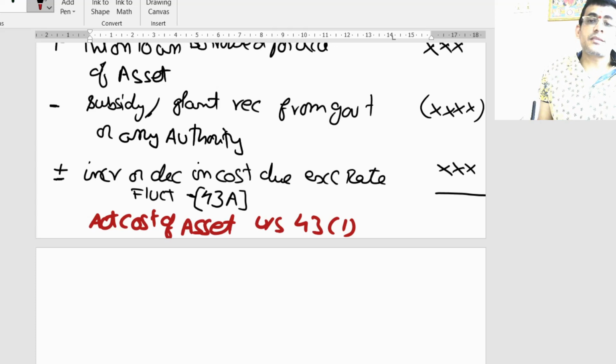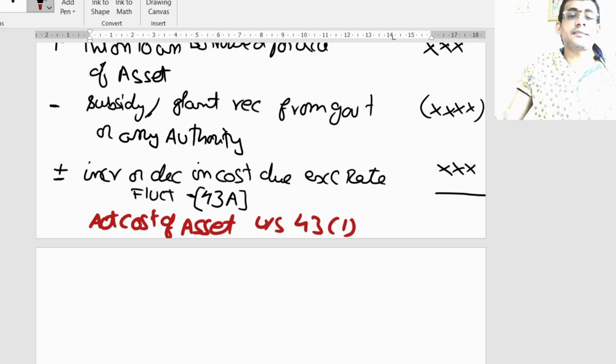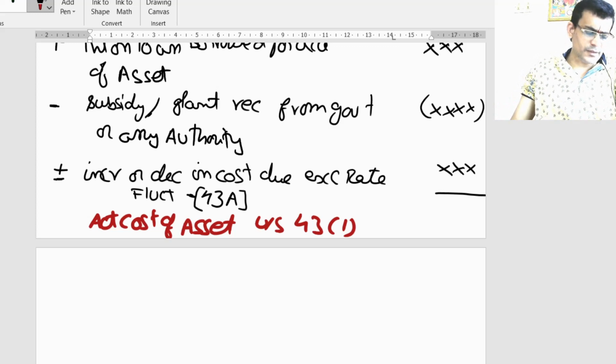This you are supposed to add to your opening WDV. From this you deduct the sale proceeds of any assets falling within the same block. If I finish one more section, 43A, I can say I am done with the provisions of depreciation. With that, the depreciation part is totally completed.